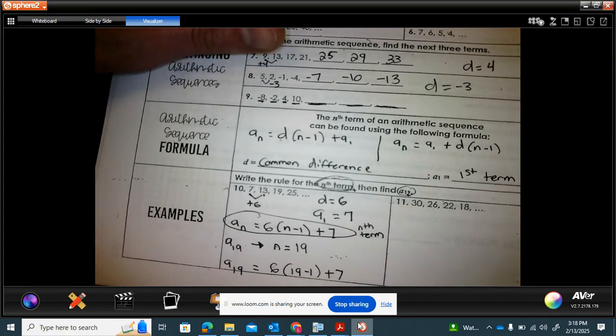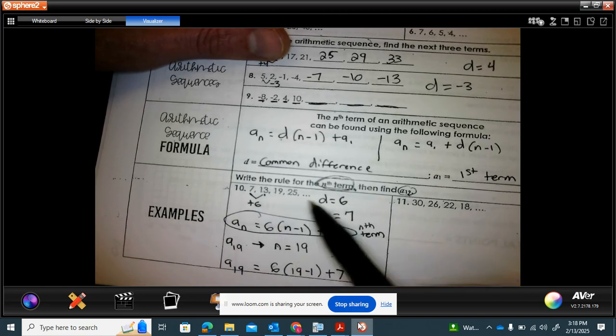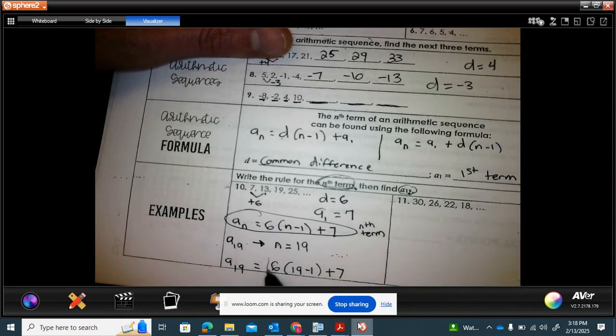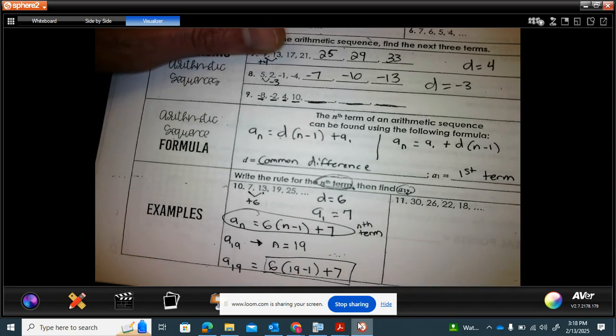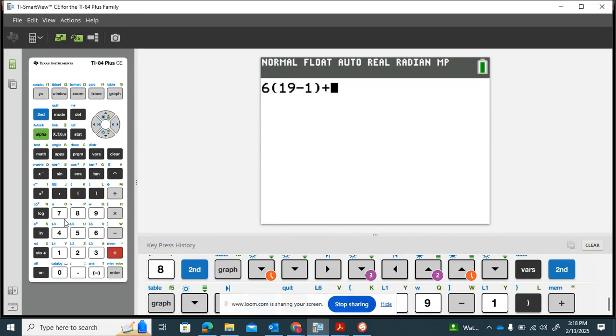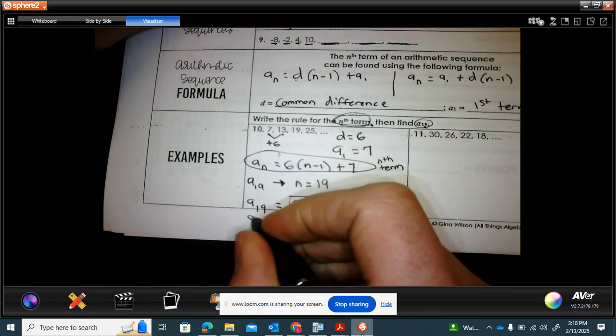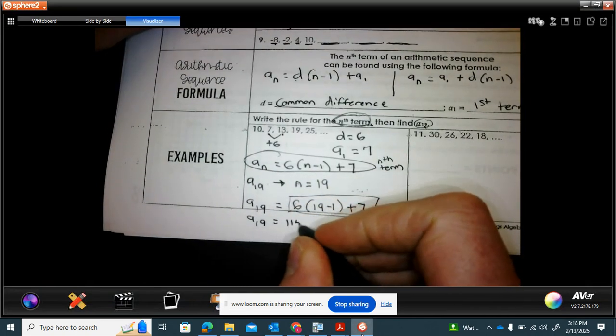And so again, I could have kept counting up 6, up 6, up 6 until I got to the 19th term. Or if I just type this part into my calculator, it's going to tell me what it is. So it's 6 parentheses 19 minus 1 plus 7. And that is equal to 115. So the 19th term, A_19, is equal to 115.